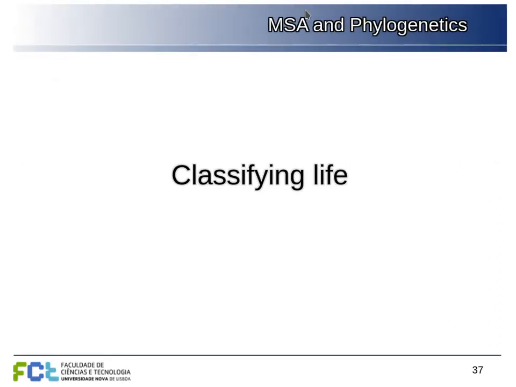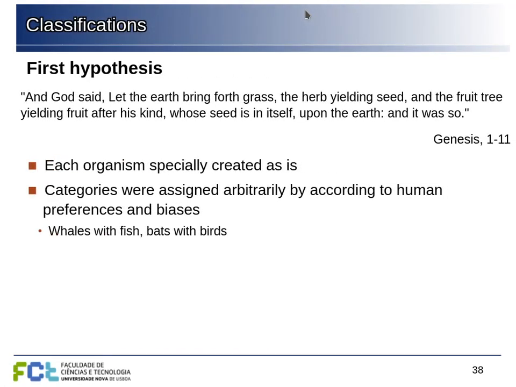Okay, so one application of multiple sequence alignments is to try to figure out how these sequences, proteins, or the organisms correspond to each other, how they relate to each other in evolution. But the idea of classifying living organisms is much older than our notion of evolution, or even these tree-like relations between the different organisms. So we can see this first attempt, for example, which described each organism as specially created as it was.